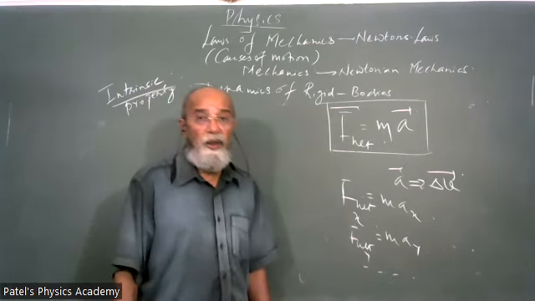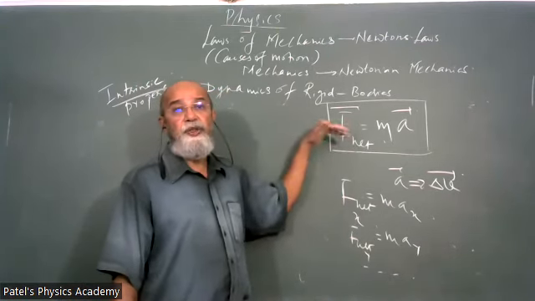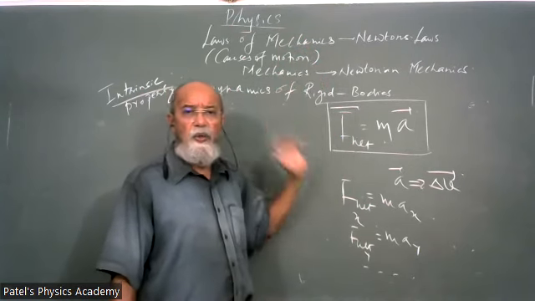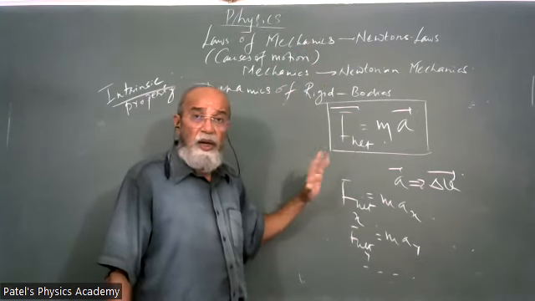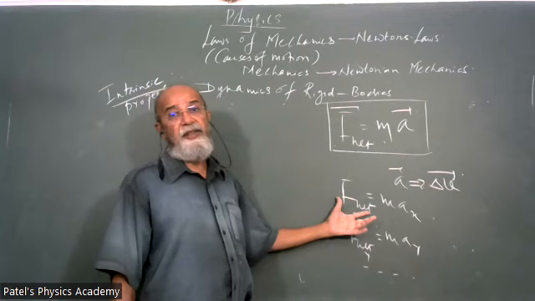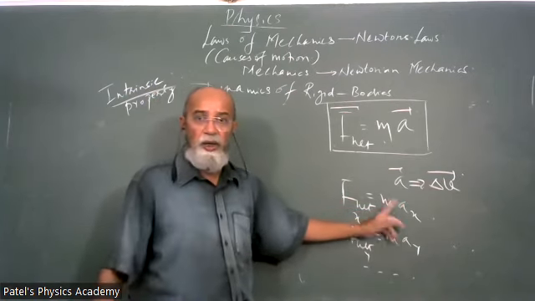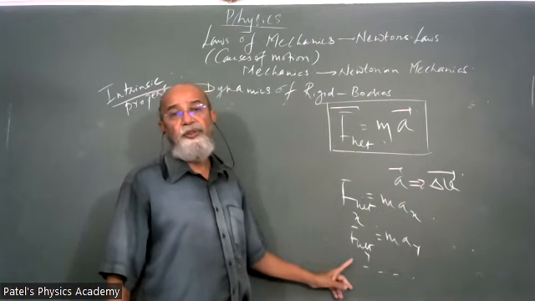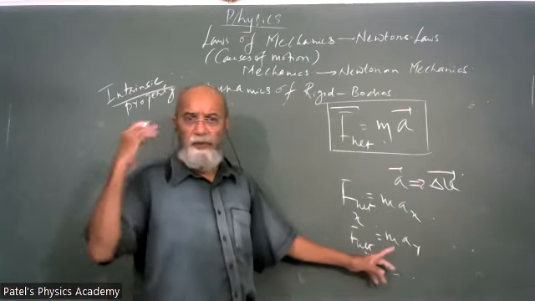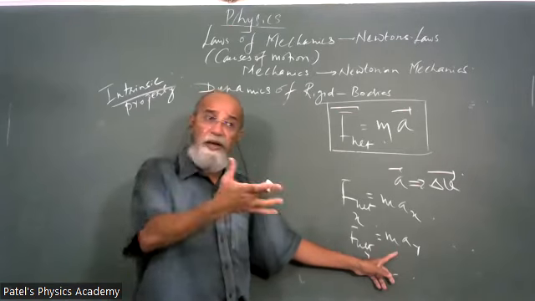What does it mean? If I break up this net force into its components along the x and y axes, and the net force along the x-axis is not zero, then there will be a change in motion in the x direction. If the net force in the y direction is not zero, then there will be a change in motion in the y direction.